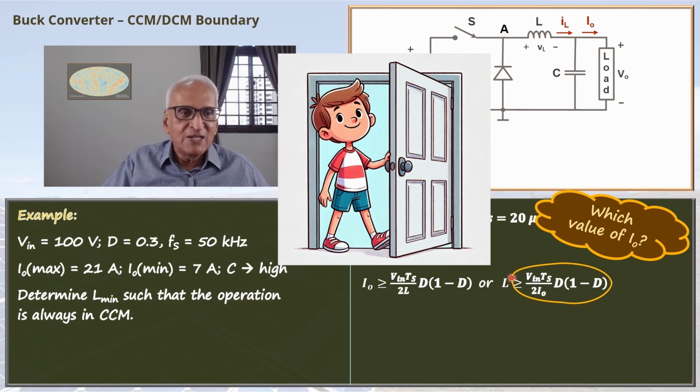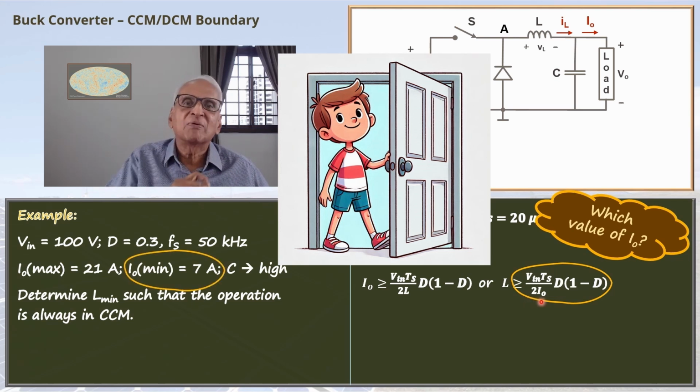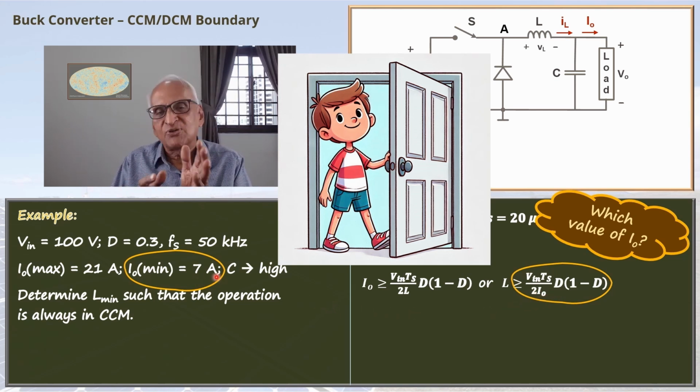So the minimum inductance that we use must be more than the greatest value on the right hand side. The greatest value on the right hand side you get when I0 is at its minimum. That means I0 has to be minimum. We know that already. As we go lower in output current, you have more chances of going into DCM.